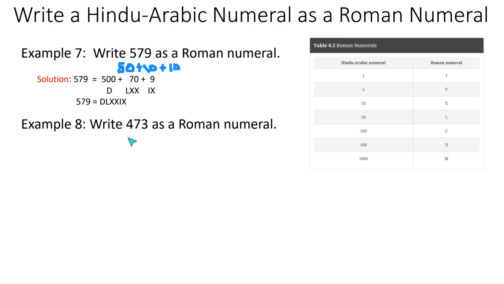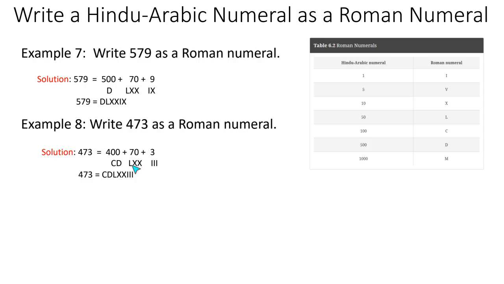Okay, so the next one, 473, write as a Roman numeral. So same idea, 4 represents 400, 70 is 70, and then 3 is 3. 70, we said we could write as 50 plus 10 plus 10.